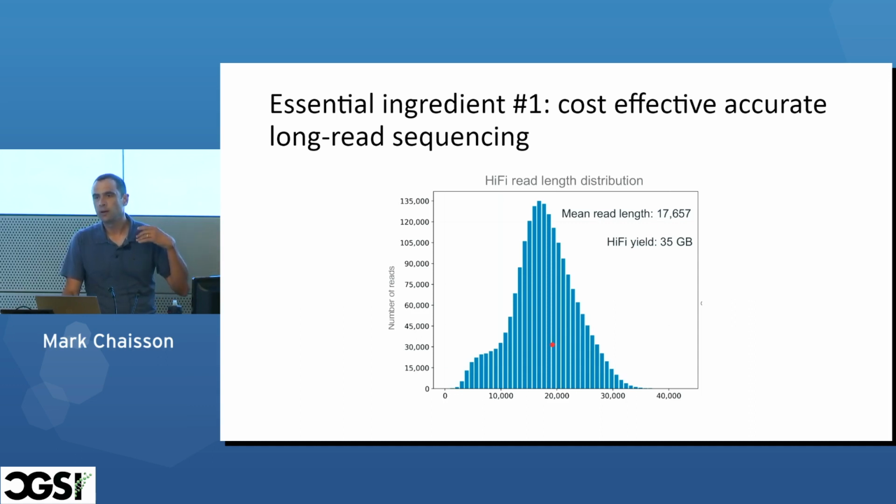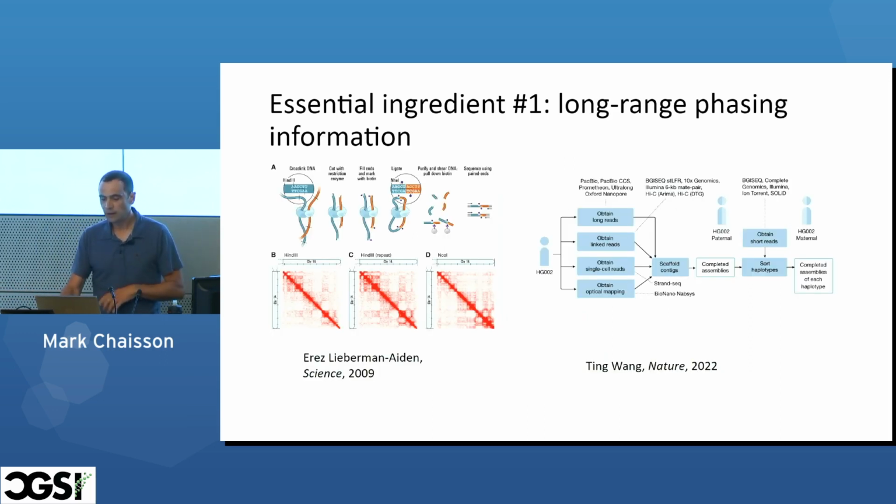This is a plot of Q20, I believe, so at least 99% accuracy reads. And so having these fairly long and fairly accurate reads has really made assembly a lot more straightforward, where essentially overlaps between reads can be filtered based on extremely high identity of overlaps, and it makes assembling highly contiguous genomes a relatively easy task compared to before.